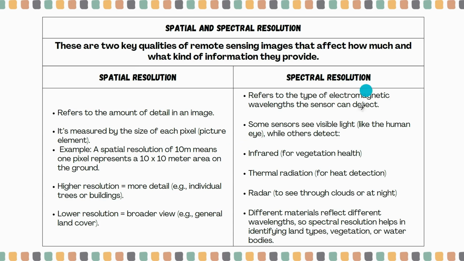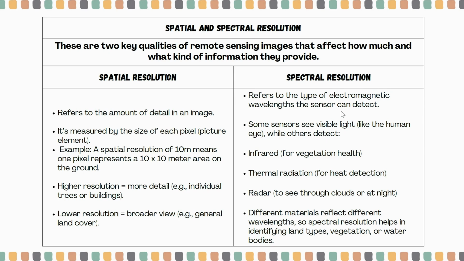Then your spectral resolution refers to the type of electromagnetic wavelengths the sensor can detect. Some sensors see visible light like the human eye. And what we mean by that is we can see in colors.